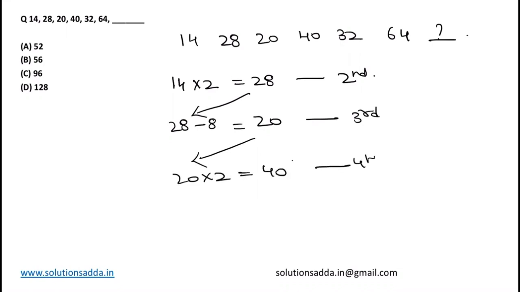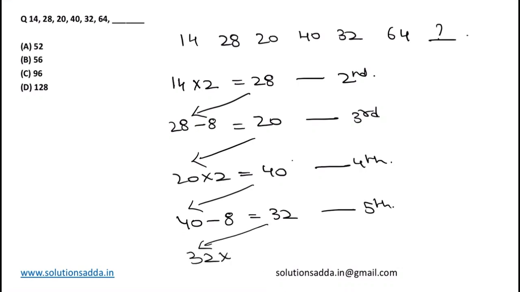This is my fourth number. Again next number is 40 minus 8 equals 32. That is my fifth number. Similarly, sixth number will be 32 cross 2 equals 64. So the final answer would be 64 minus 8 equals 56. Therefore option B is the correct answer.